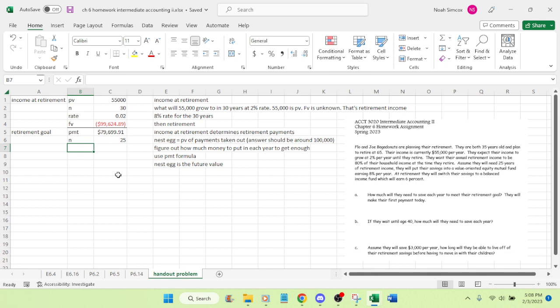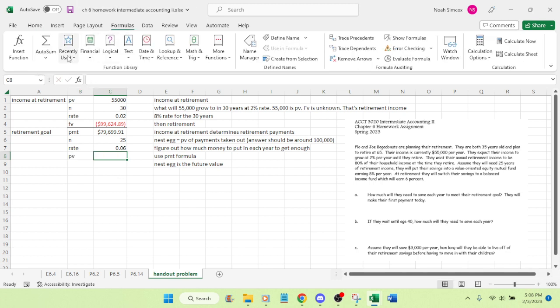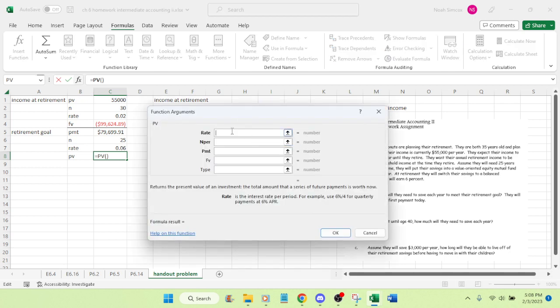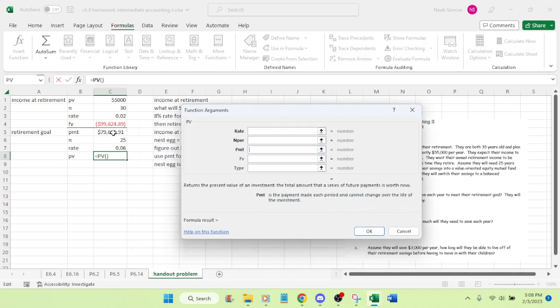Do I just use the 6% number for rate? Payment, number, rate.